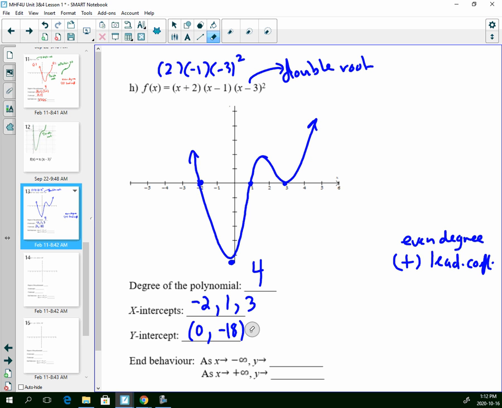But for now, you should be able to sketch based on the degree, meaning whether it's odd or even. And then also the value of the leading coefficient is also going to help you sketch that, along with your x-intercepts and your y-intercept.